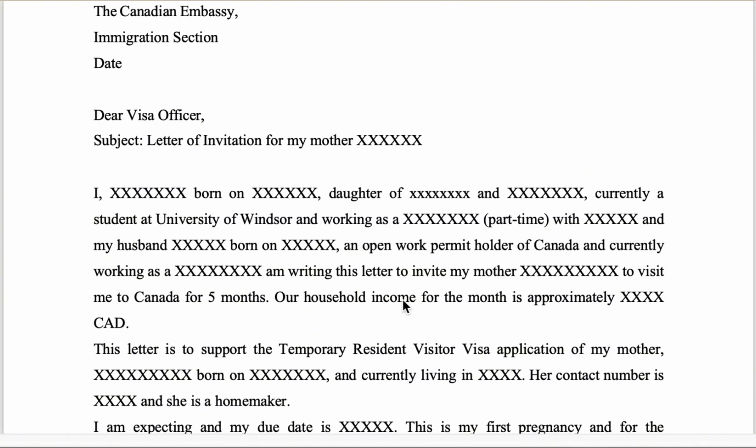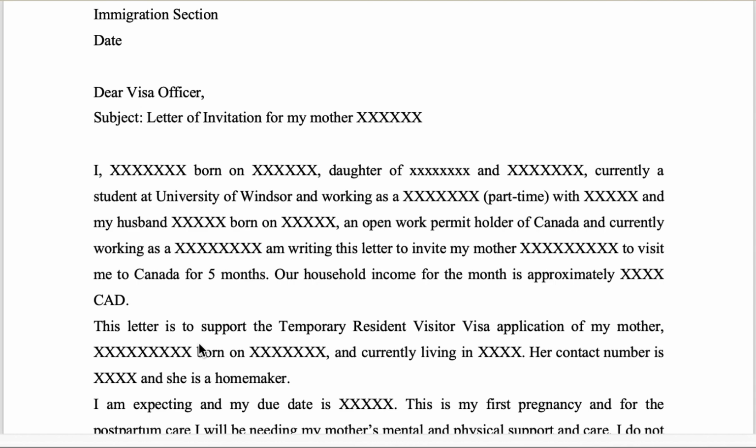Our household income for the month is approximately, how much amount your husband and you are making in a month. This is before they actually deduct the tax, so you can put 5,000 CAD if you are earning that much.